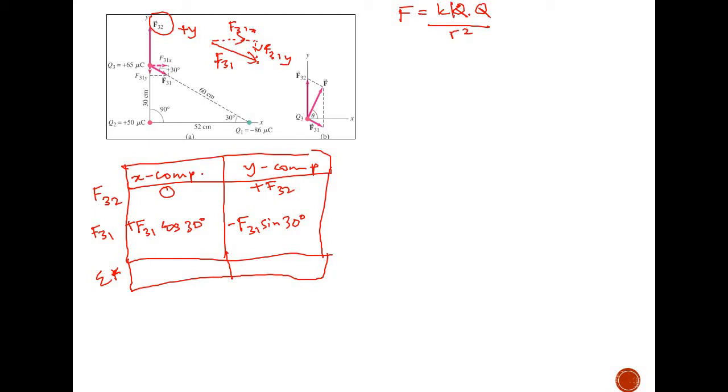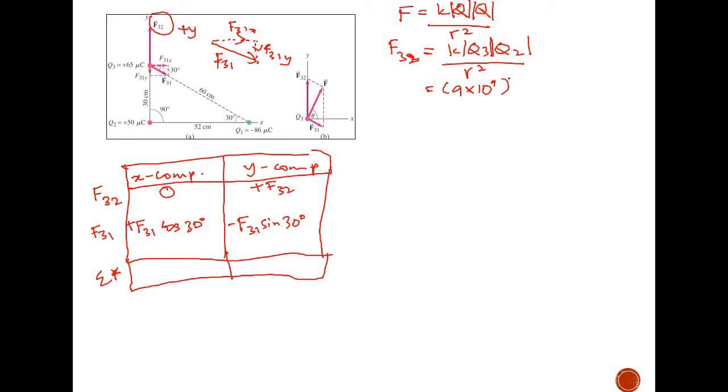Please ensure that Q here needs to be in modulus. For example, you want to find F32. F32 equals kQ3Q2 over R squared. K is 9 times 10 to the power of 9.